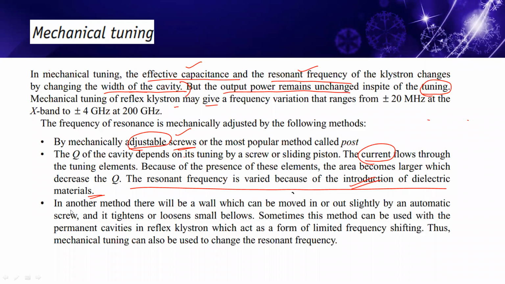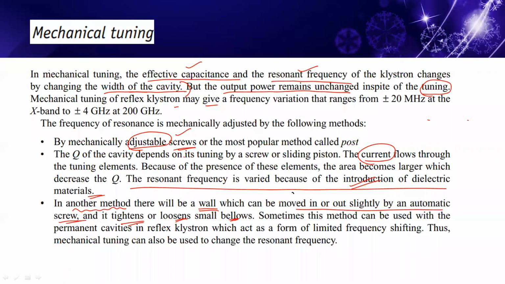And there is another method. There is a wall which can be moved in or out slightly by an automatic screw, by tightening or loosening. So the wall can be moved slightly on automatic screws.